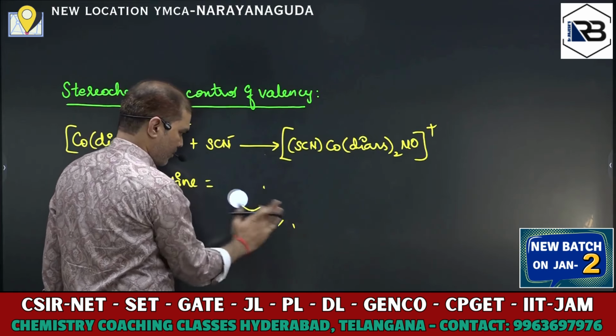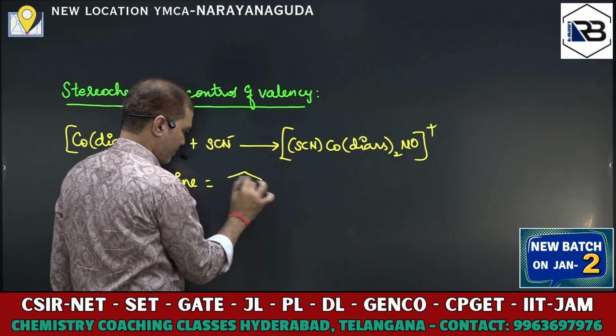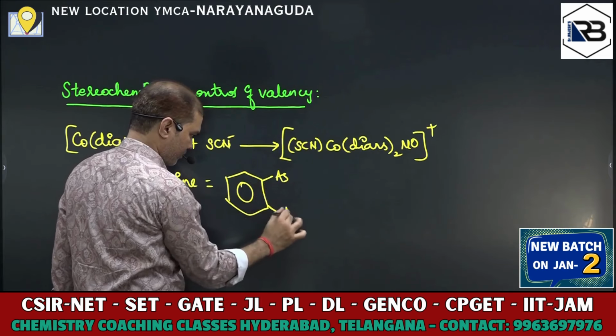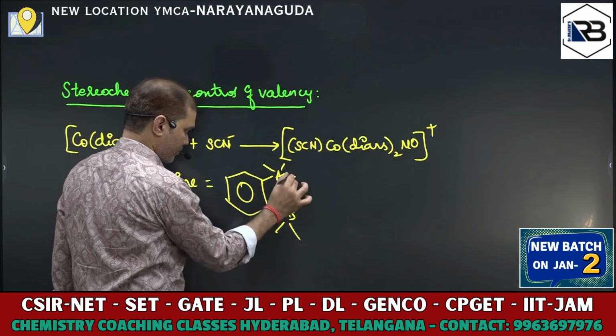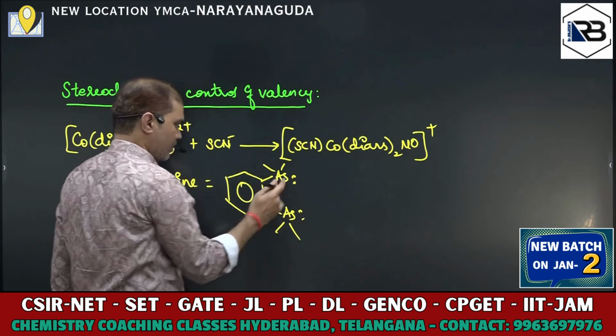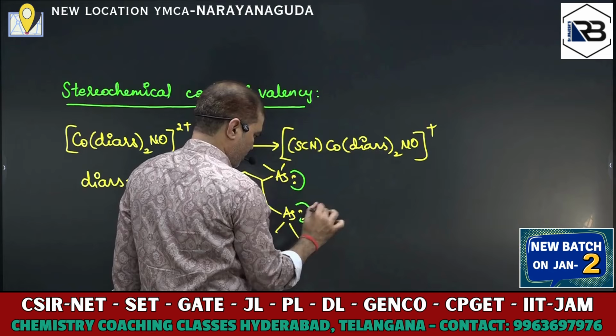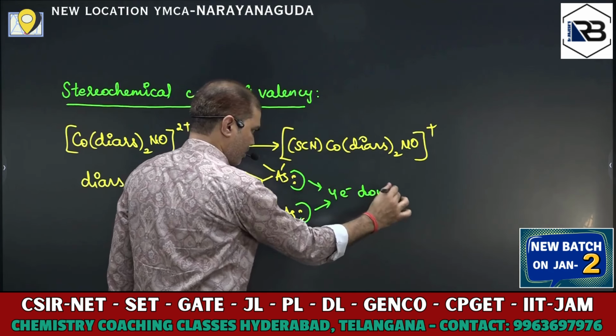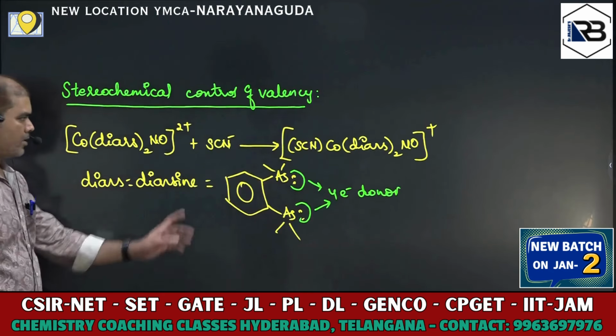The regular one is a simple methyl, so let us take the same. Each diarsine is a 4 electron donor. It is a neutral ligand.